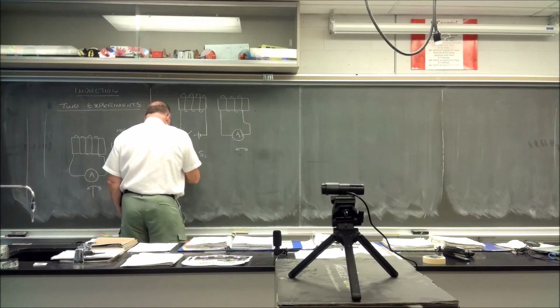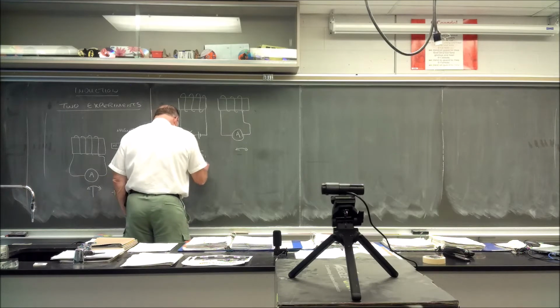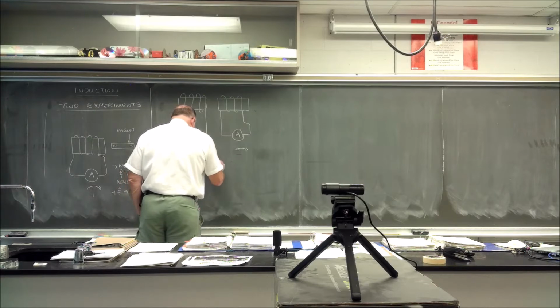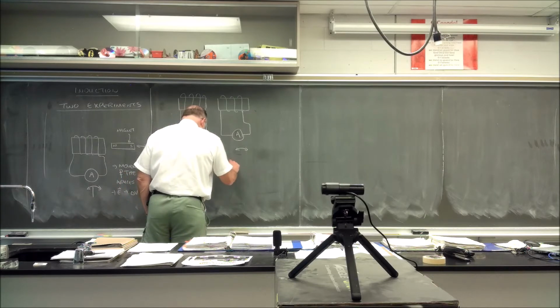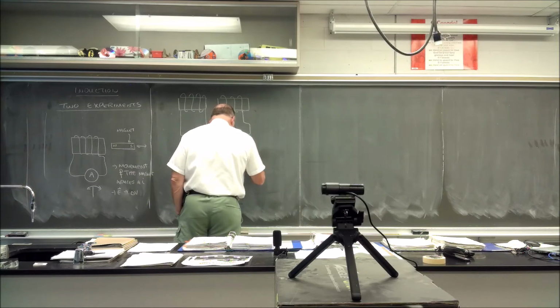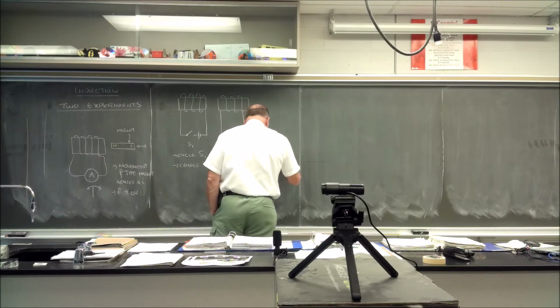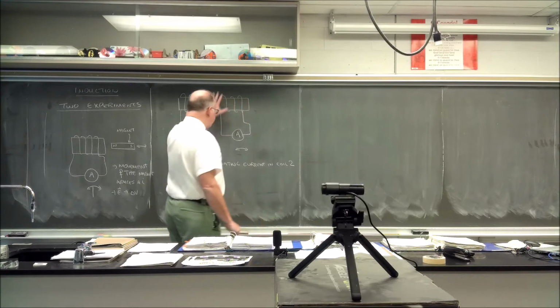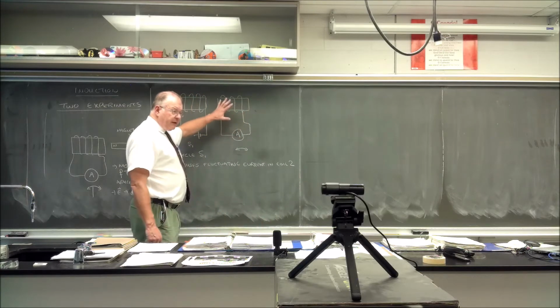Okay, cycling the switch causes a fluctuating current in coil 2. And of course coil 2 has no battery, no power supply of any kind. It's magic.